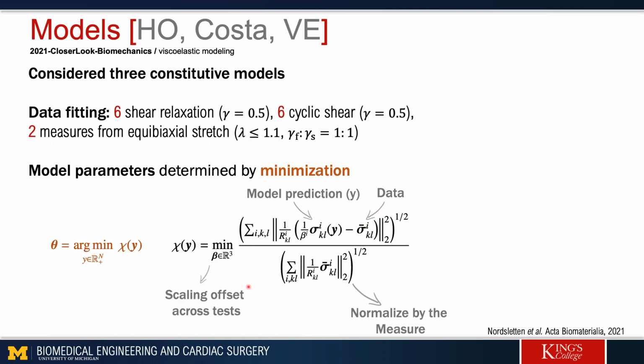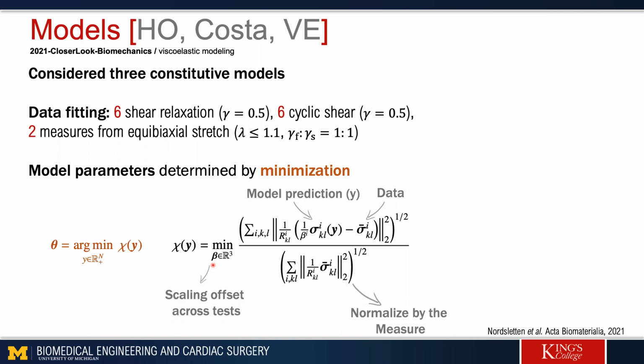I think the one thing that is maybe not as standard is that we had this additional minimization. This is the main minimization that we try to do, but we had another minimization based on this parameter beta. What this was trying to account for is the fact that all of these tests were done on different tissue samples and in different scenarios, with different preconditioning environments. So we know that the response should look something like what we see, but the absolute levels might vary from test to test.